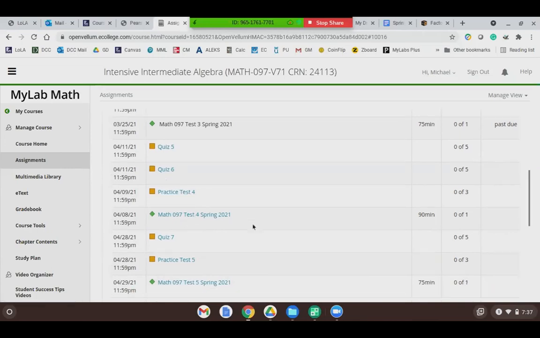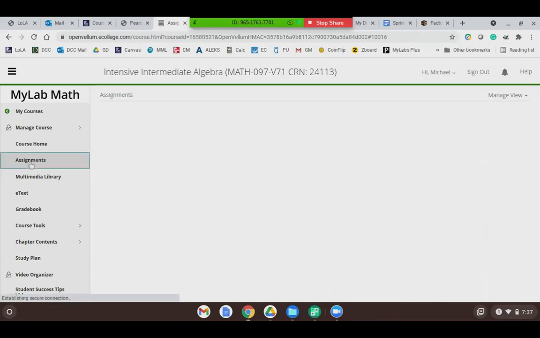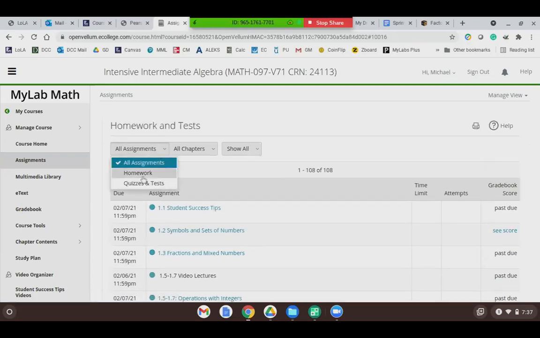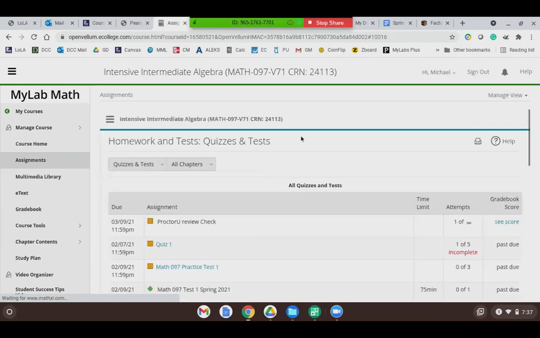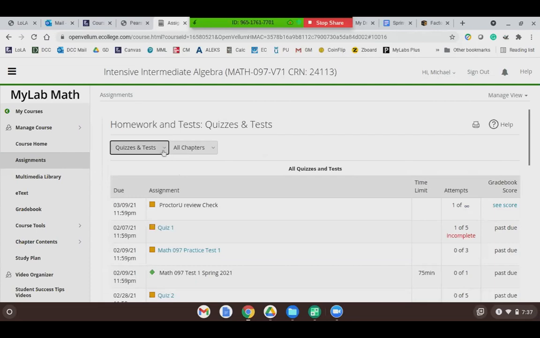Go into assignments, click on assignments, and then go up here and click on quizzes and tests. You probably got it set to homework or something.